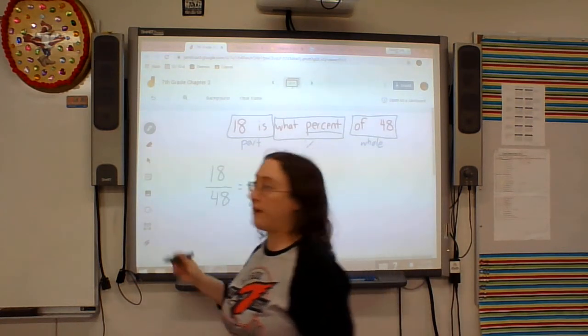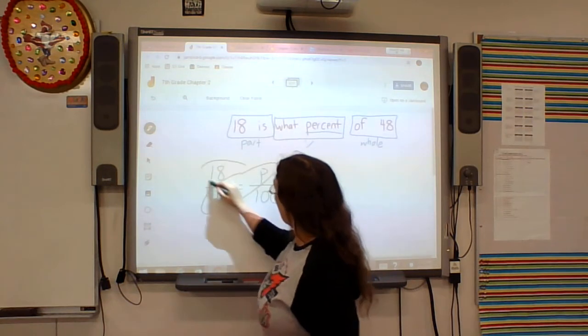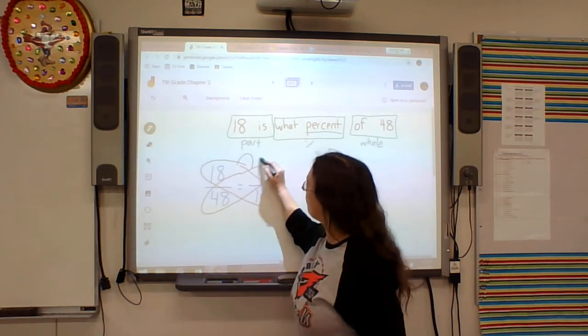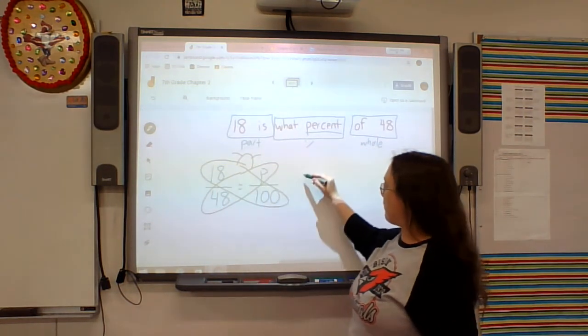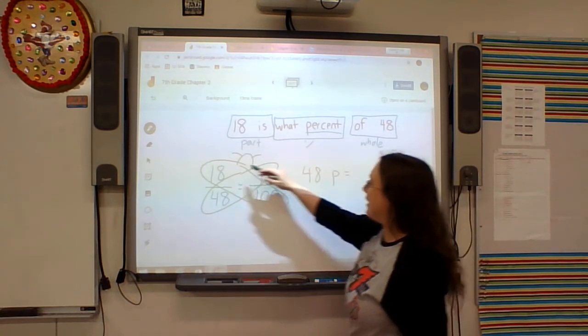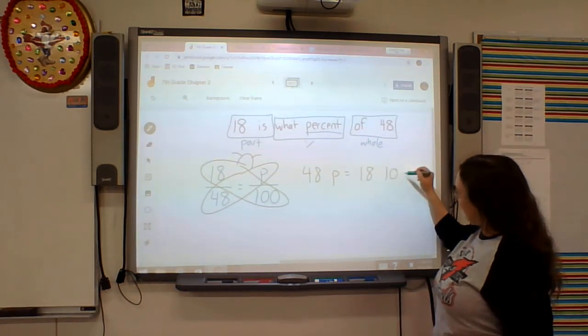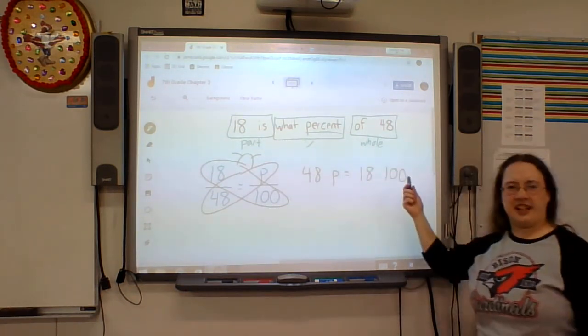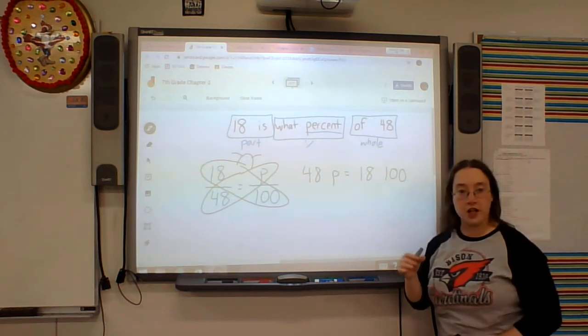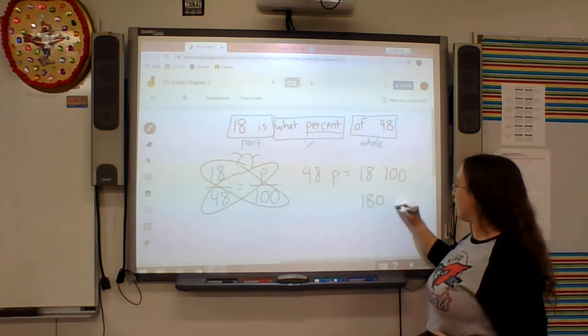Okay, now we're going to butterfly that. So we got 48 times P is going to equal 18 times 100. And again, probably don't need your calculator for that part. If you're multiplying something by 100, you're just slapping 2 zeros on the end. So you got 1800.